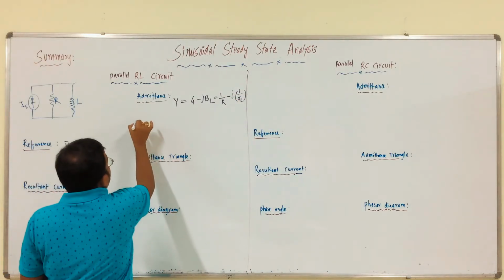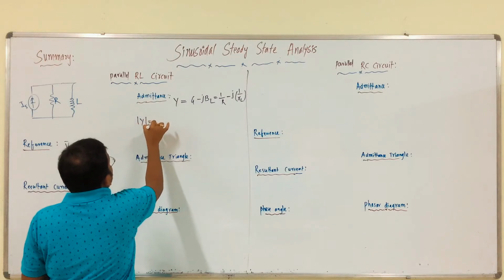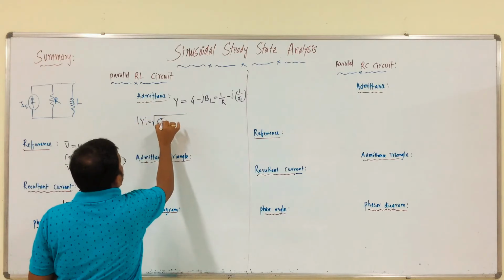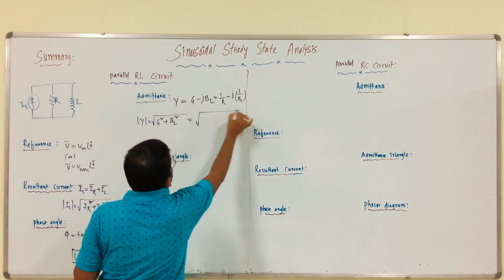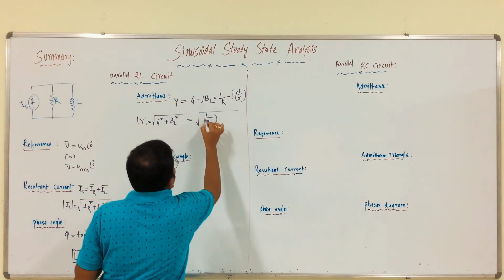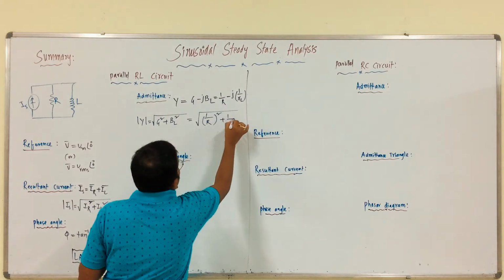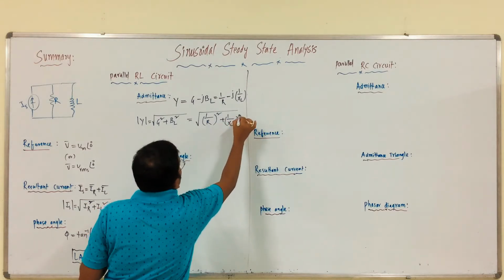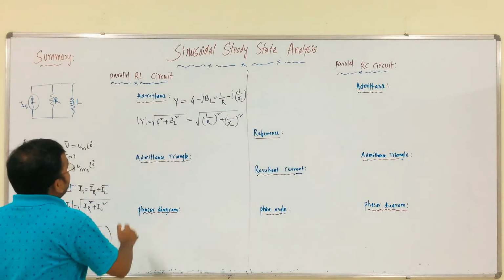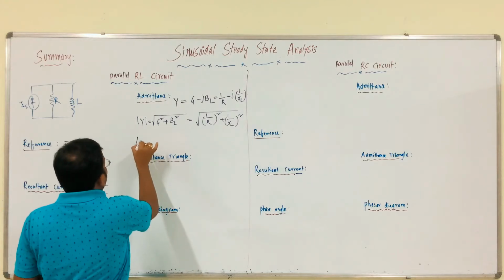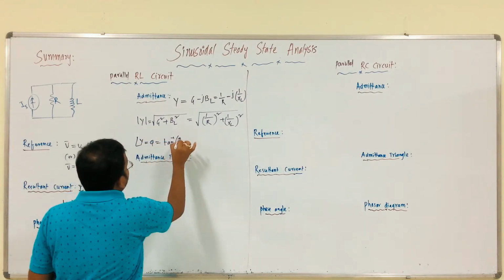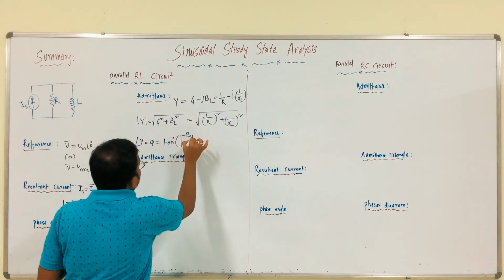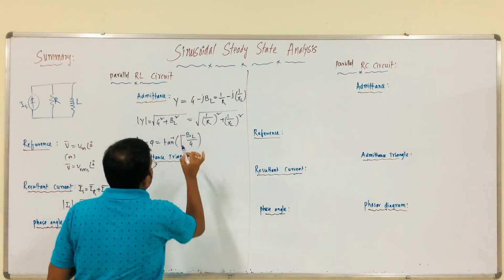Therefore mod Y is equal to square root of G square plus BL square, which is equal to square root of 1 by R square plus 1 by XL whole square, and the angle of Y, which is nothing but phi, is tan inverse of mod minus BL by G, correct?